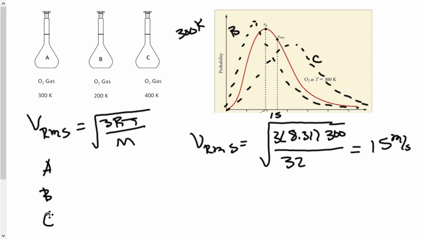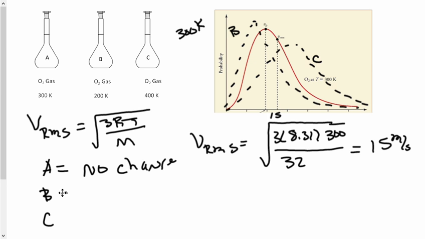Okay, now assuming that you did pause the video, let's look at flask A. Flask A is going to see no change in the average kinetic energy, because we're going to assume that they're all going to reach equilibrium with the 300 Kelvin. The 200 Kelvin, of course, is going to increase because heat should flow into that.